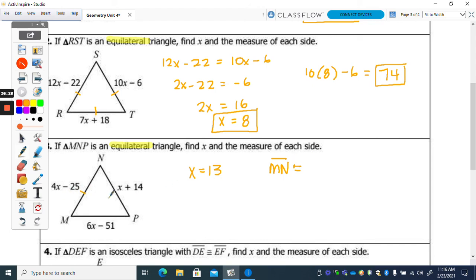All the sides are the same. Do you have to use these to know what MN is? 27. Then NP is also equal to 27, and MP is also equal to 27.